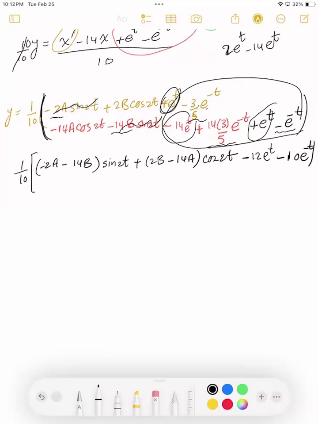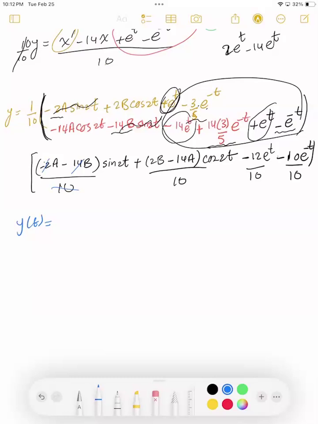So I'm just going to distribute the 10. This gets divided by 10, this gets divided by 10, this term gets divided by 10, and that term gets divided by 10. So our final answer for y of t is, do you see I have this 10 and this 2 and 14 get reduced?